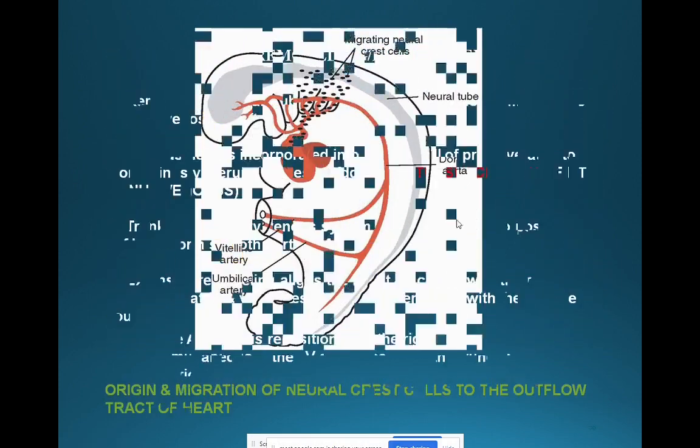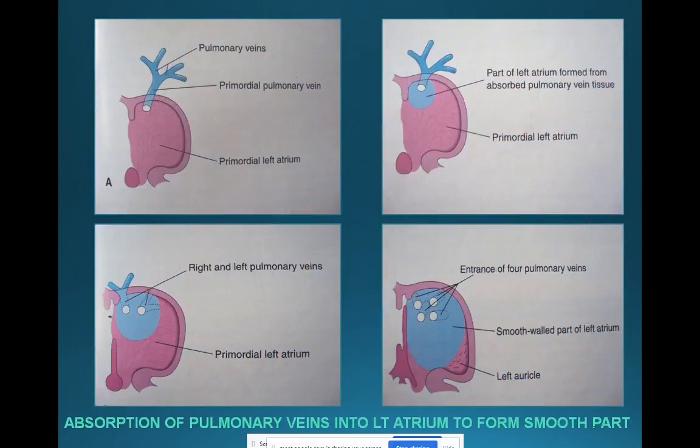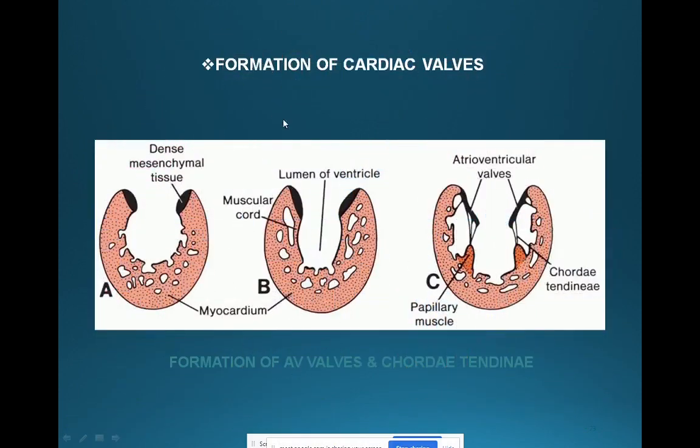Okay, so this is how, as I have told you, in the left atrium the smooth part, the sinus venarum part, is developed. This is about the formation of the cardiac valves. You see, this is a chamber of the myocardium formed by primitive tissue. Here, some areas get washed away, flooded by the blood inside, then they get eroded.